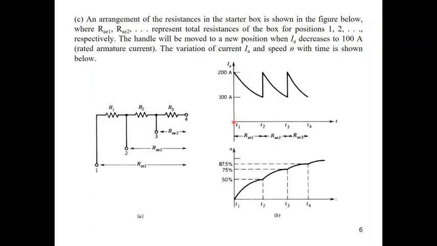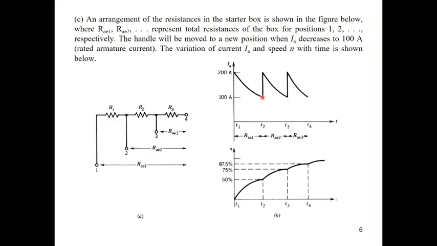Then we add the overall value of resistance, which is 0.4 ohm. However, after a certain time, when the current reaches 100 amps, we need to reduce the resistance in order to speed up the machine.